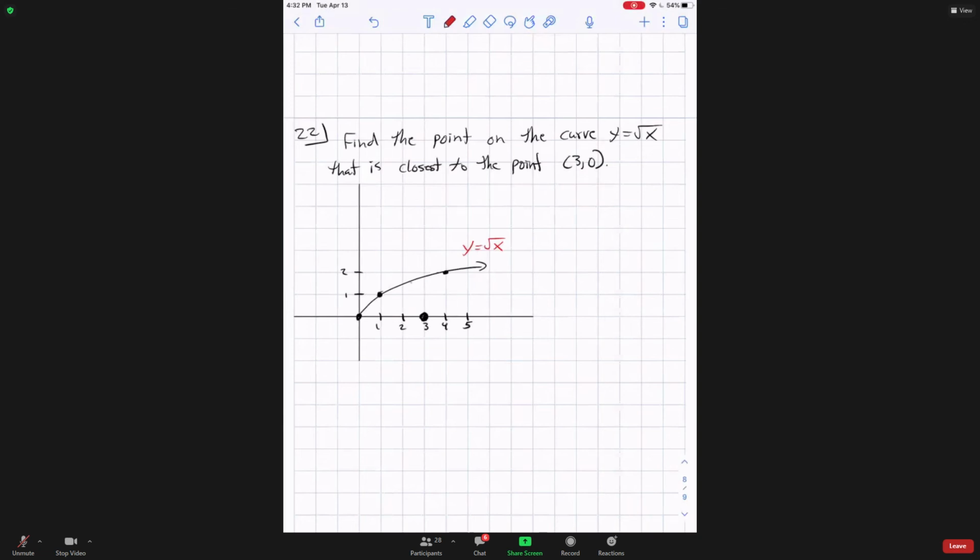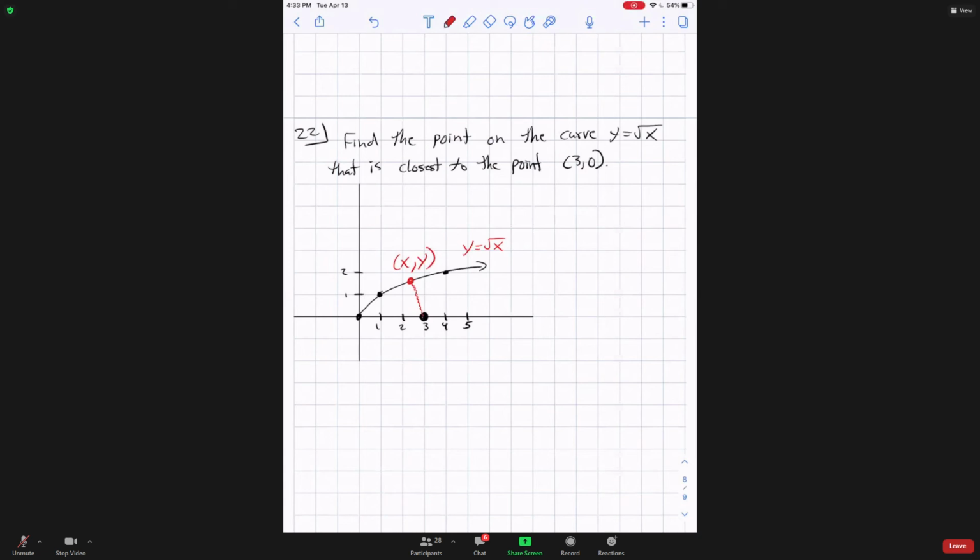Let's say it's some point right here. I don't know what point that is, but I'll assume some point around there. We'll call it (x, y). My goal is to figure out the (x, y) value on that curve that's closest to (3, 0).